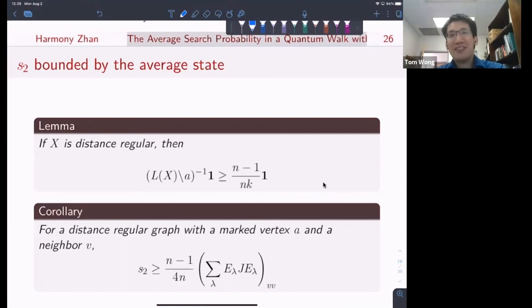Something that I thought about, which I was wondering if it relates to this work, is on what graphs does the search algorithm behave similarly to search on the complete graph? If you look at the complete graph's success probability, not time average, just what the success probability is with each step, then it goes up and down and up and down, like periodic.